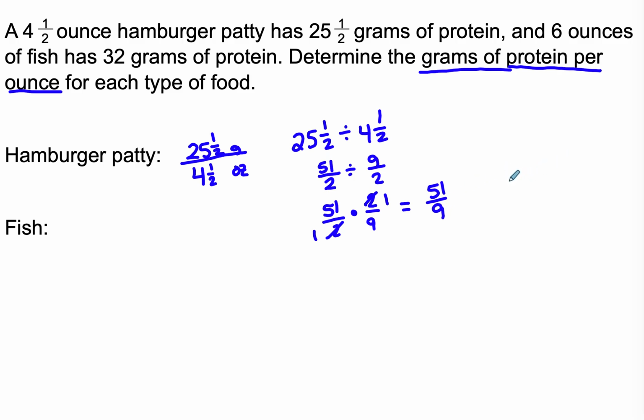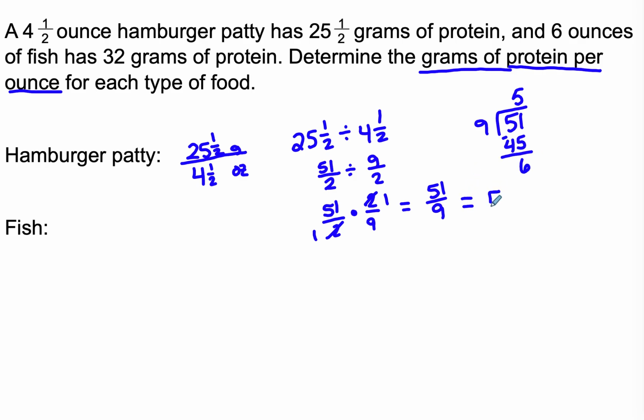Then I need to make it back into a mixed number. So I'm going to set up my division. It doesn't divide evenly, so I'm going to just write it out. 9 goes into 51 5 times. 5 times 9 is 45. 51 minus 45 is 6.